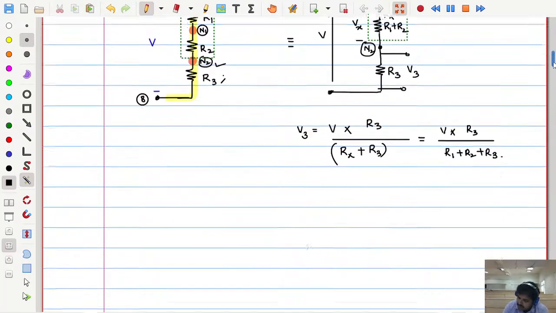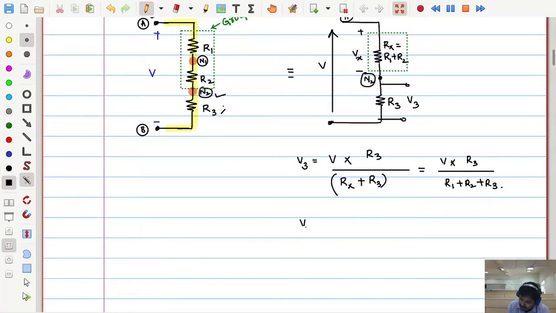Now tell me what is your brother's and your distribution. V into how much is your strength putting together you and your brother? Rx divided by Rx plus R3. So this x may get confused, so let me put a dot.